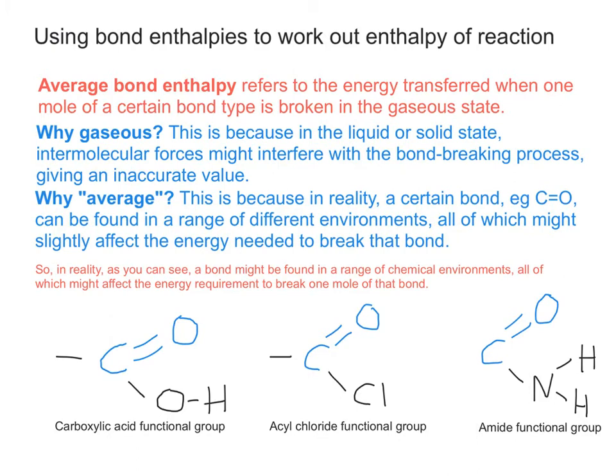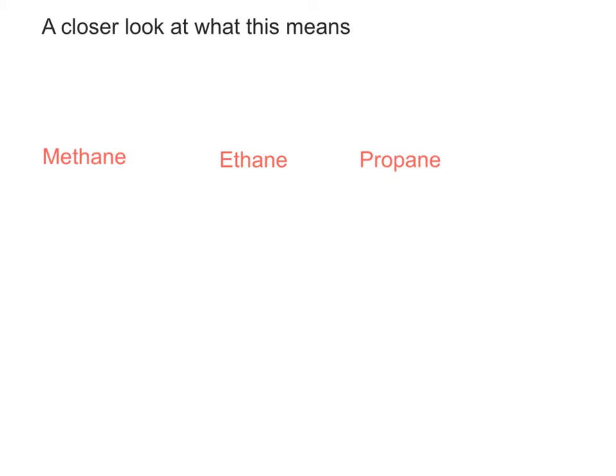So let's have an example of this in action. Let's look at three simple examples. Let's make it even more basic than whether there's a chlorine nearby or nitrogen nearby, or whether it's a carbon double bond oxygen. Let's look at the most simple and straightforward and common bonds in organic chemistry: carbon-carbon and carbon-hydrogen.